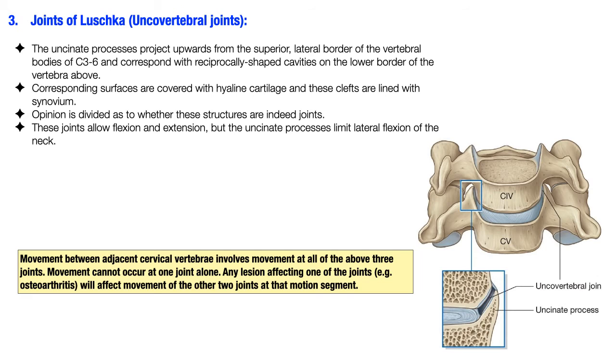They permit flexion and extension and limit lateral flexion movement. Have always in mind that all these complex joints have to work together at the same time, so isolated movements of a single joint are not possible.